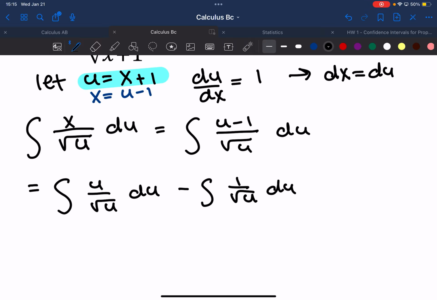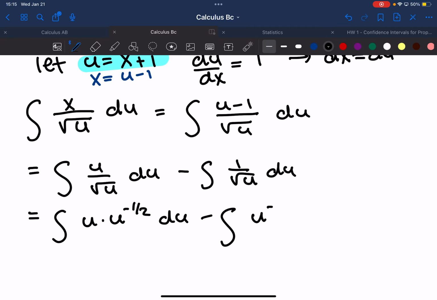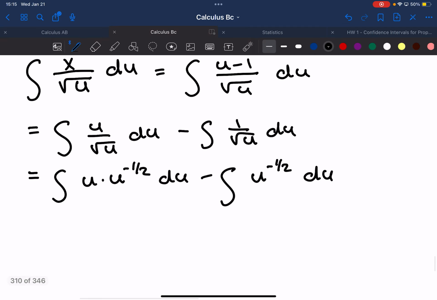Does this look a little easier? Yes. Okay, so now we're going to do what he said, and change the radical into an exponent. So this is u times u to the negative 1/2 du minus the integral of u to the negative 1/2 du. We got rid of all the radicals.